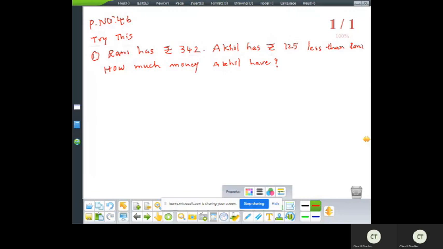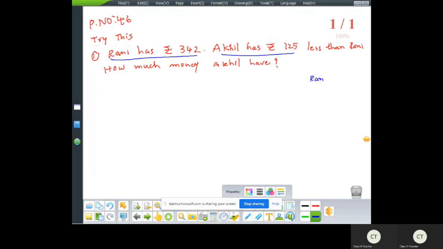Here, Rani has 342. Akhil has rupees 125 less than Rani. Here it is clearly mentioned that Rani has more money than Akhil.